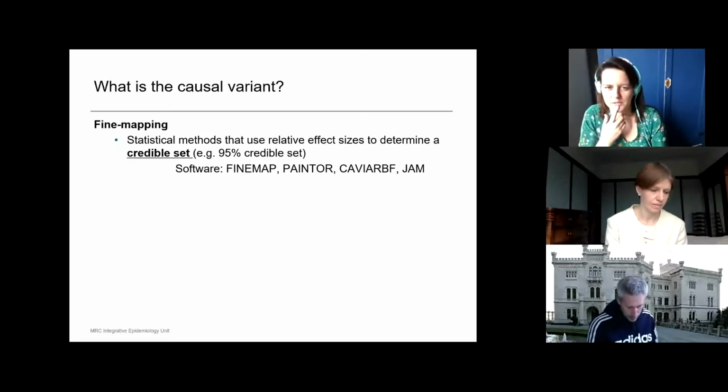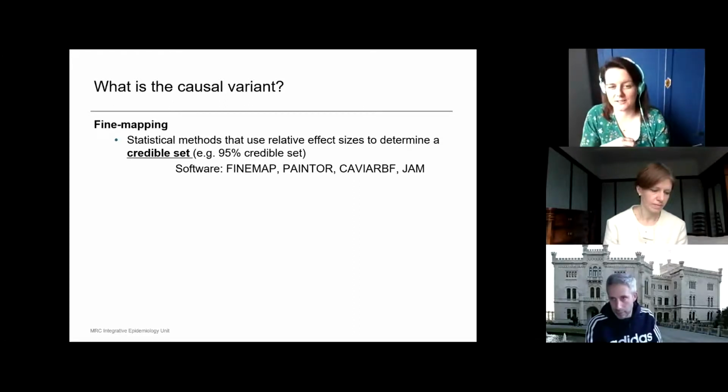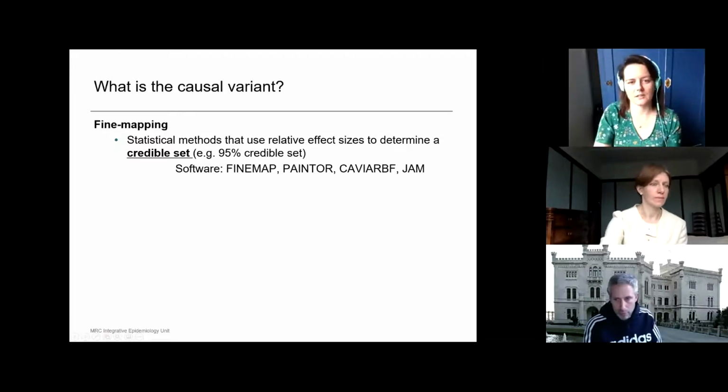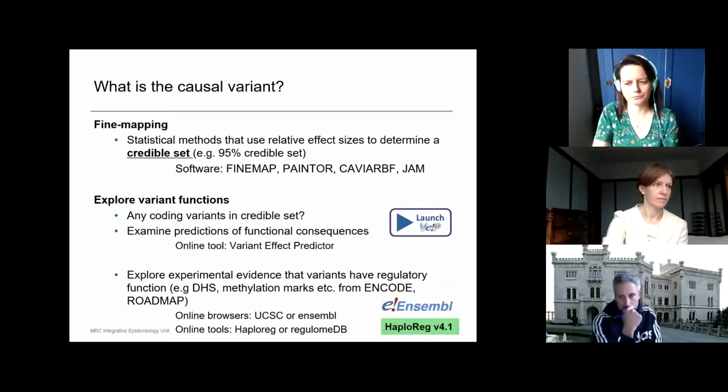And the bigger the GWAS, the smaller this credible set will get. Some GWAS have been successful in saying, actually, my credible set is size 1, so I've got 95% probability that this particular variant is the causal variant at this locus. More commonly, a handful of variants fall into that credible set. There are a few different software that can be used to do this, and it's worth doing to reduce down your numbers of likely causal variants.